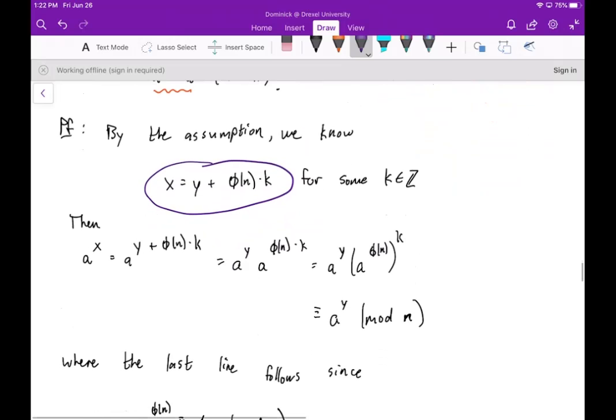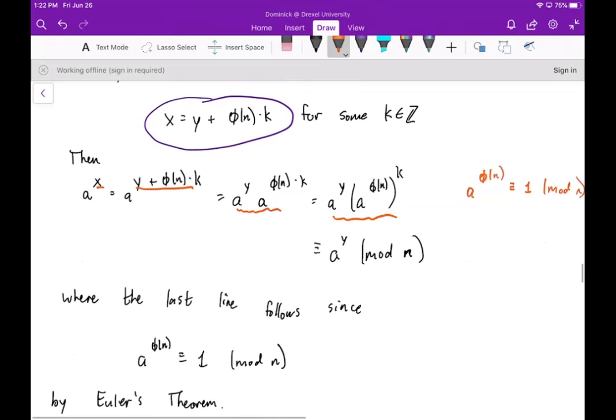Well, then by using some exponent rules, we know that since x and y plus phi of n times k are the same, we can separate them. And then we have a to the y times a to the phi of n, all to the k, right? But a to the phi of n is congruent to 1 mod n.